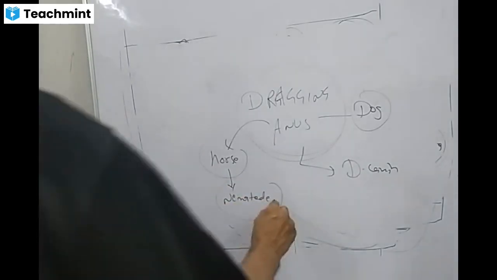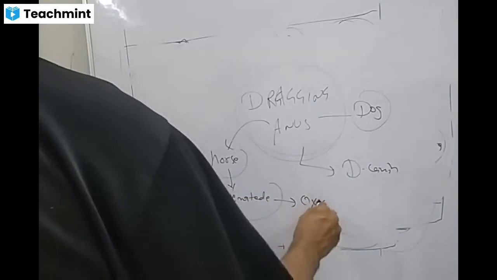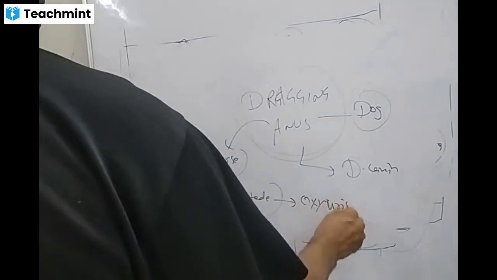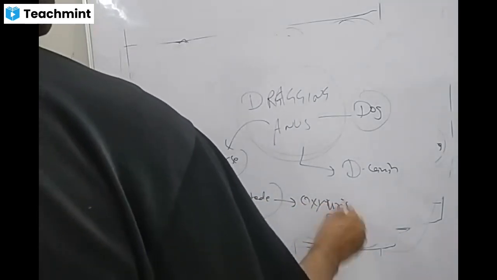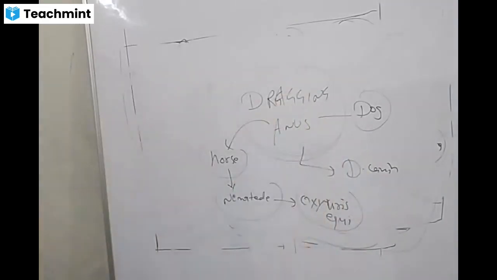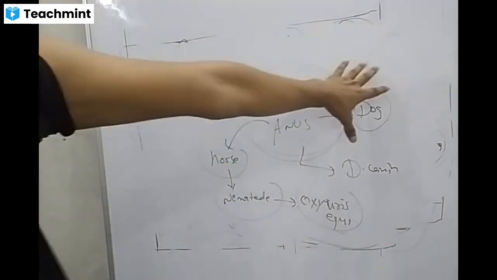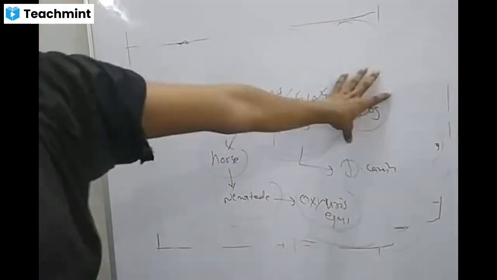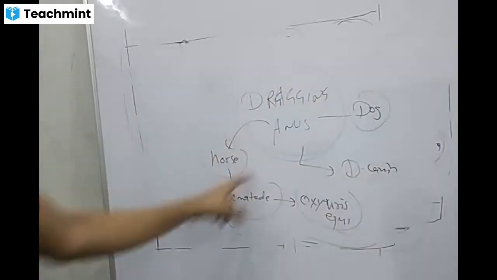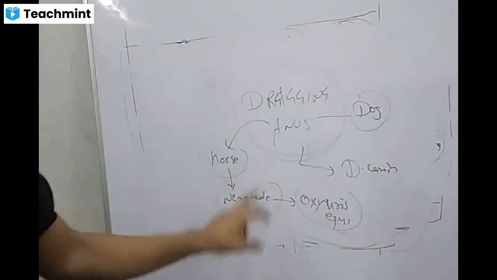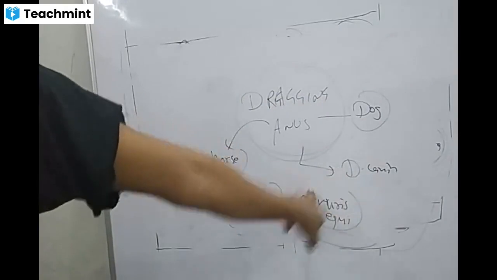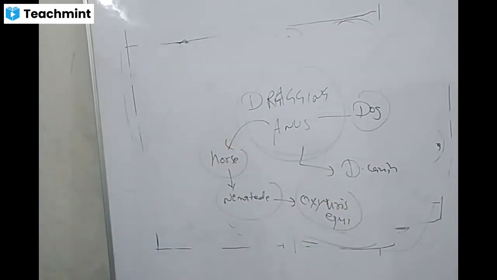What do you call? Oxyuris equi. So there are two MCQs related to this term dragging of anus. If they change the host, if they ask about the dog, it is caninum; horse, that will be your nematode Oxyuris equi.